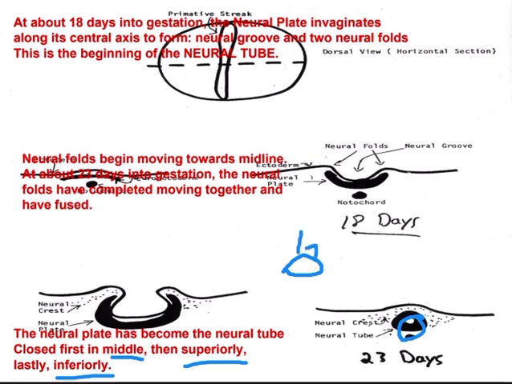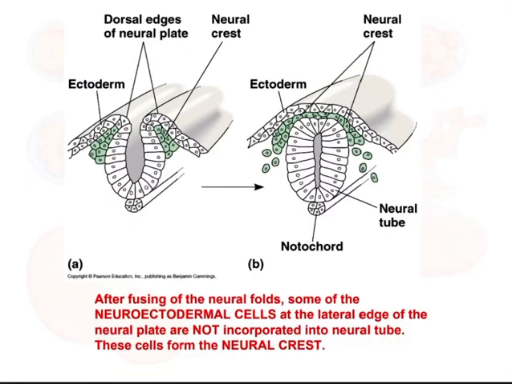This is the back, because it goes along the embryo, as we said. So just know exactly: the neural tube closes first from the middle, then superiorly from above, and lastly inferiorly. One condition we're going to talk about later relates to this. So this is how it looks after the closing of the neural folding.